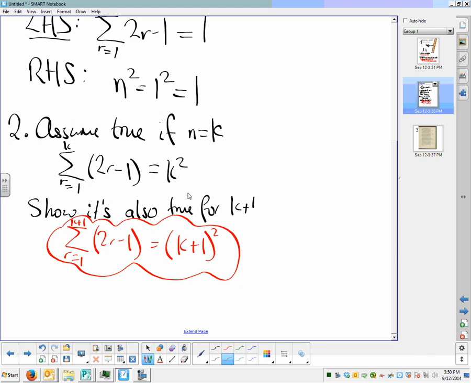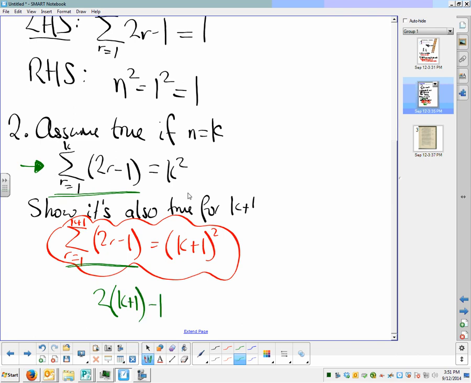Okay, so how can I do that? Well, I'm allowed to start from this rung. I'm assuming that that's true. So how can I get from this line to this line? Well, all I've got to do is add the next odd number. The next odd number would be 2 times k plus 1, minus 1.